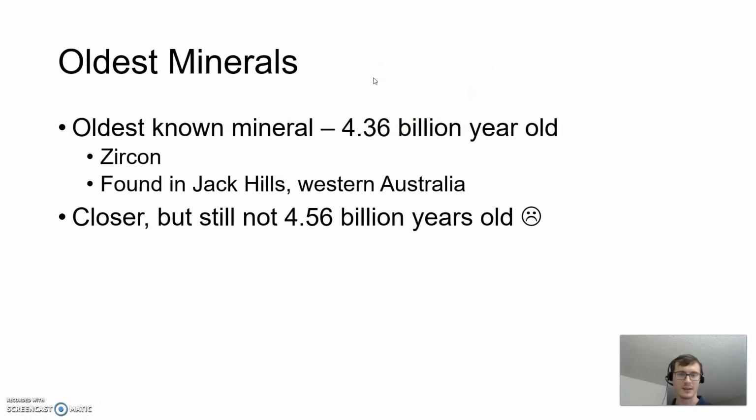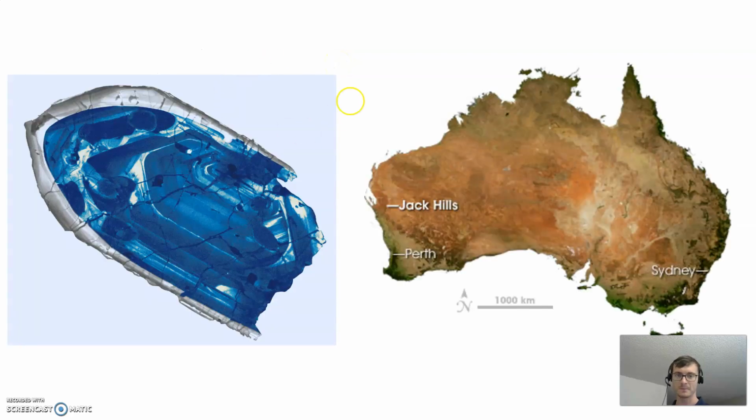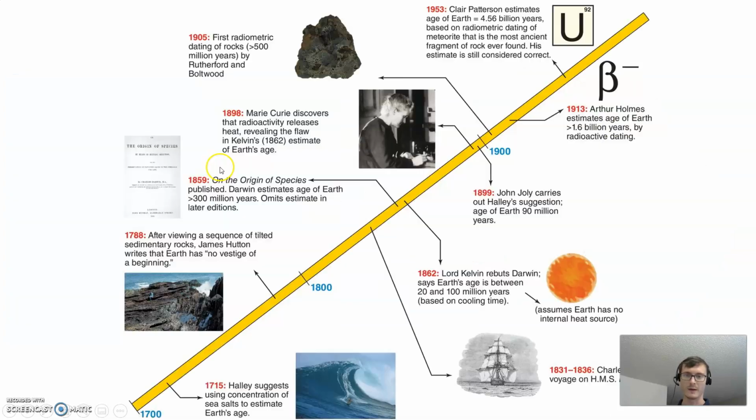How does that number get to be here if we don't have any rocks, we don't have any minerals from this time period? How do we get to 4.56 billion years? You can actually see a little bit. Here's our zircon here. Here is the Jack Hills in Western Australia. I don't think that it actually is this blue color, but it's definitely much easier to see what's going on inside the crystal this way, the little layers where it's grown.